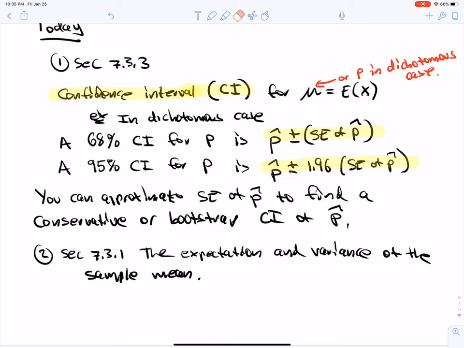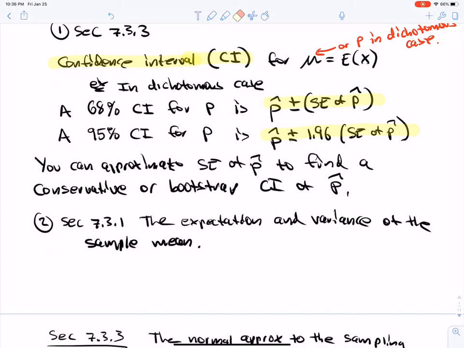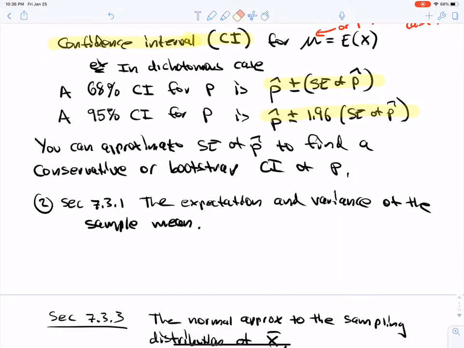The formula involves the standard error of p hat, which we approximate using a conservative or bootstrap method, giving a conservative or bootstrap CI for p. We'll also cover section 7.3.1, the expectation and variance of the sample mean. Actually, we'll just get started with that today.